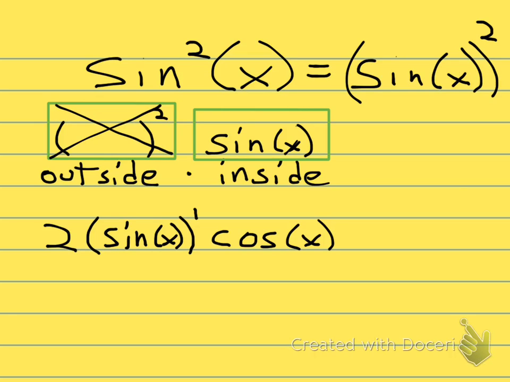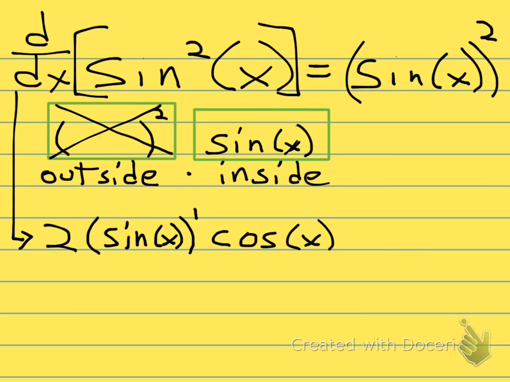So if I were to take the derivative of the sine squared of x, my final result would be 2 sine x cosine x. Okay? And I can rewrite it without the parentheses and to the first power, but that's just what I'm doing. I'm taking the derivative of the outside times the derivative of the inside.